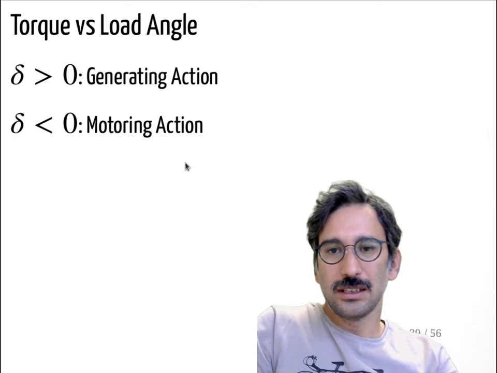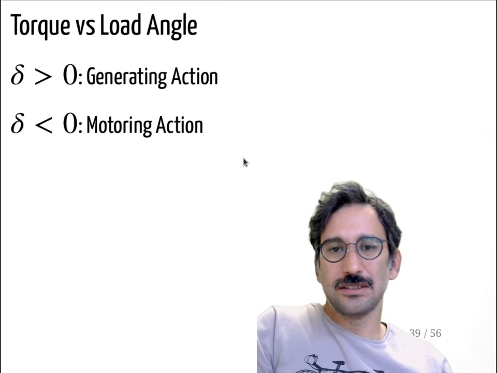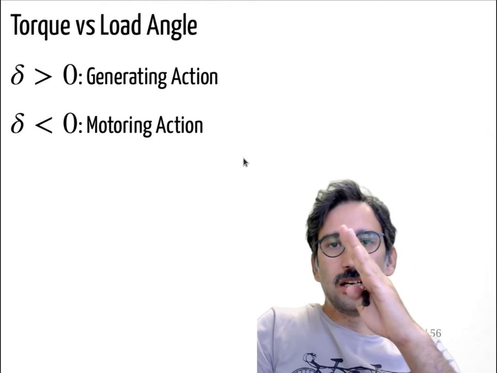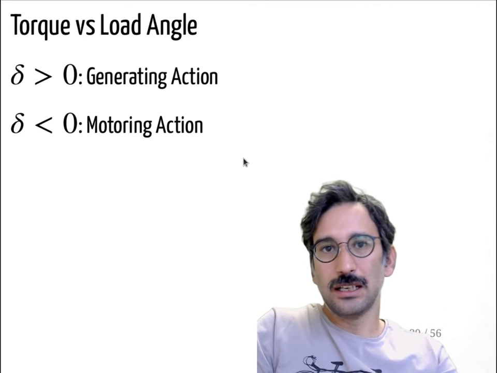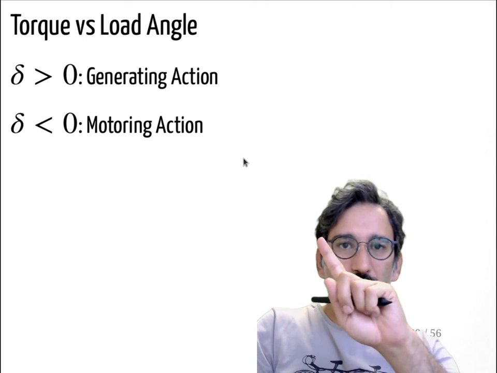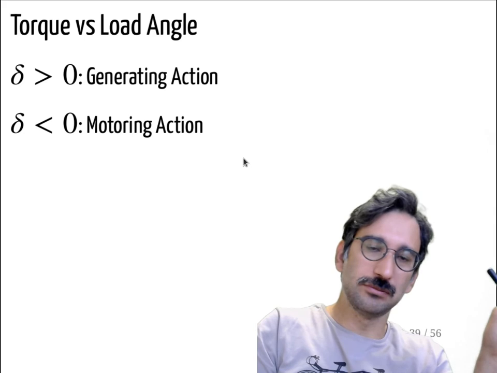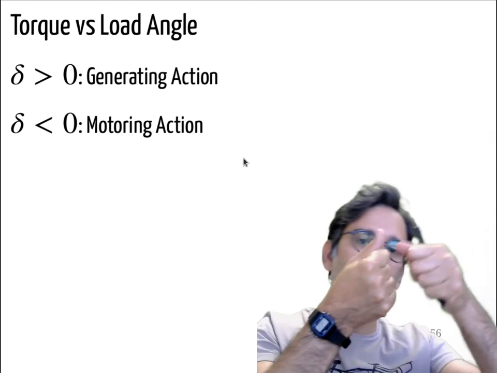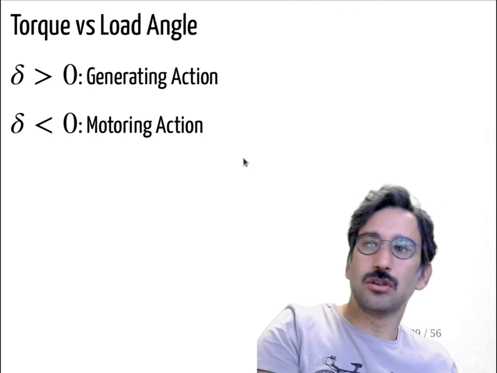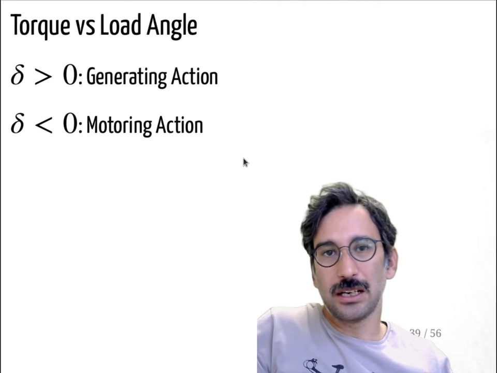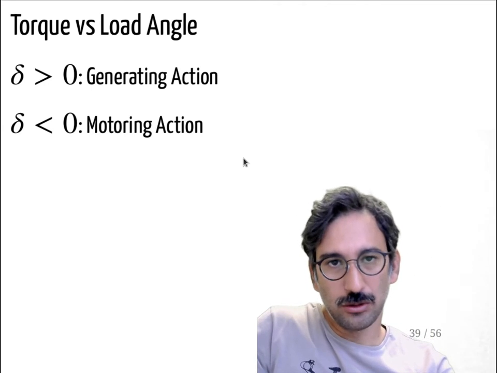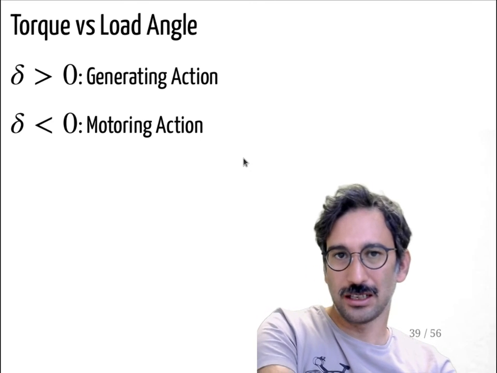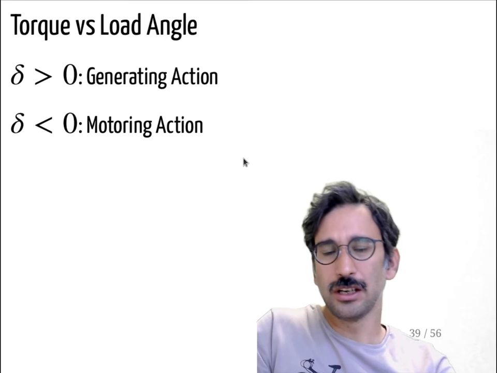Or if delta is less than 0, again, it is as if you are applying some power through the electric supply, and your MMF is moving forward, and then the rotor is lagging behind, and you are pulling the rotor to do some mechanical work. Those things all will be clear with phasor diagrams and power flow diagrams, so don't worry if you are confused now.